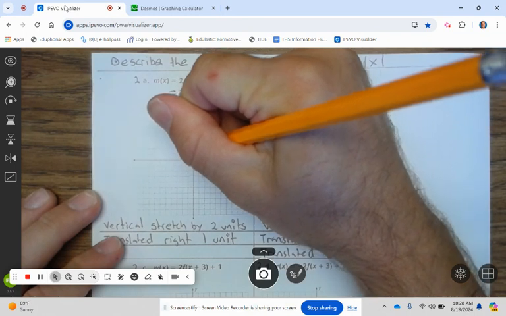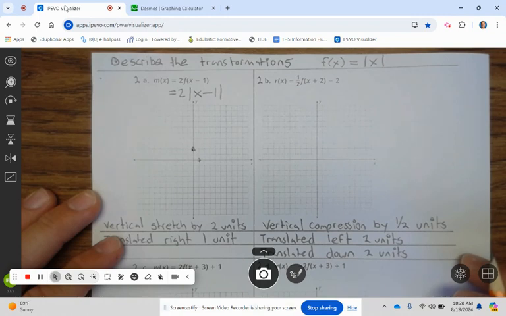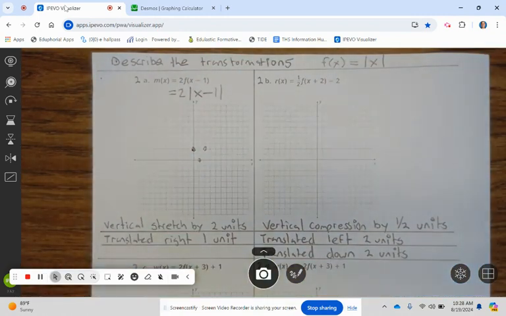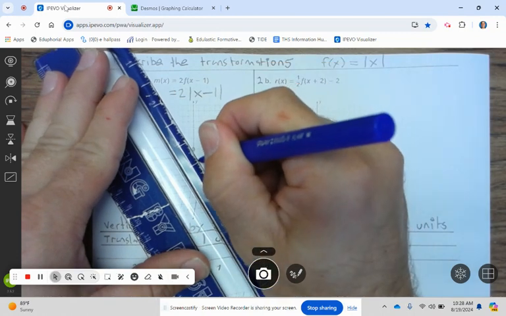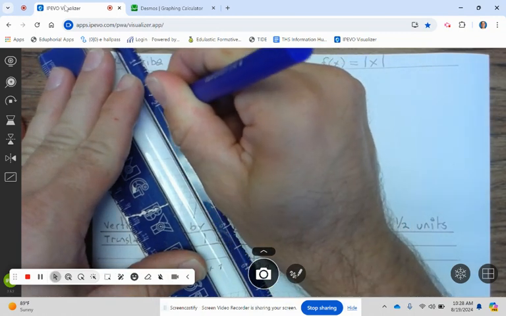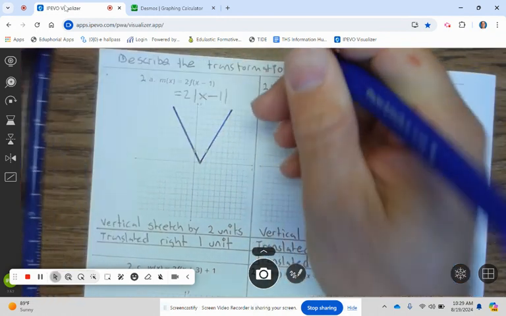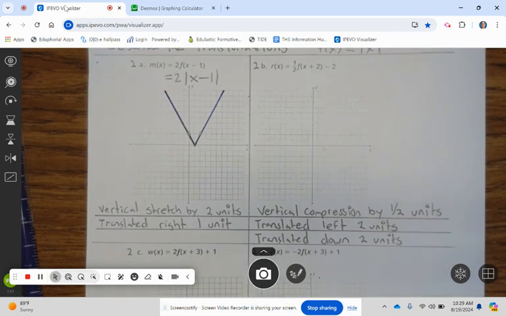So 0, 2, 1, 0, and 2, 2. All right, and we're going to graph this in blue. All right, so that's a vertical stretch by 2 units, translated right 1 unit.